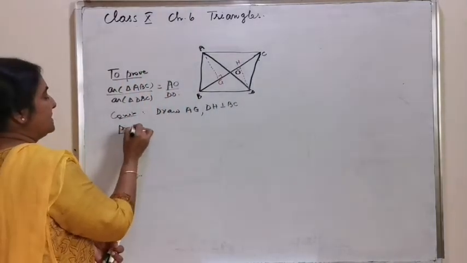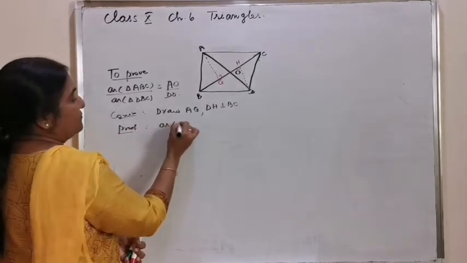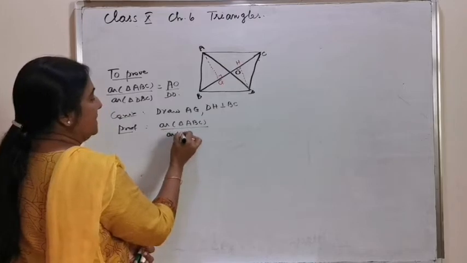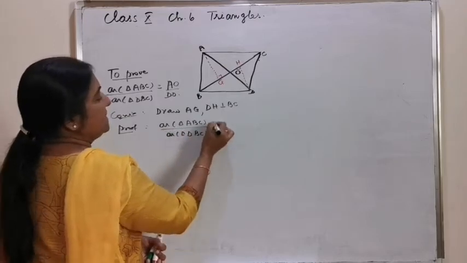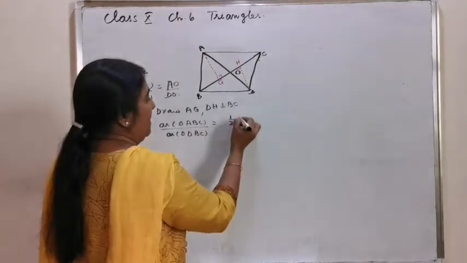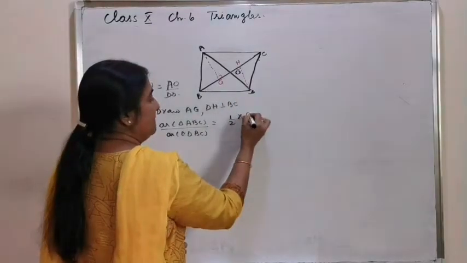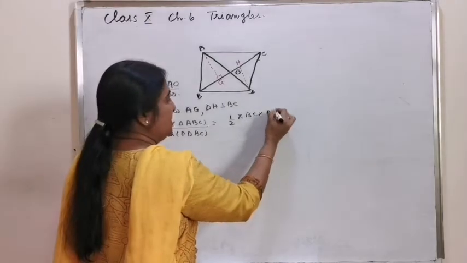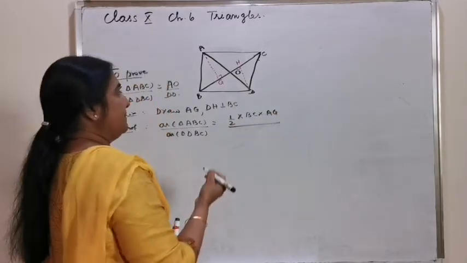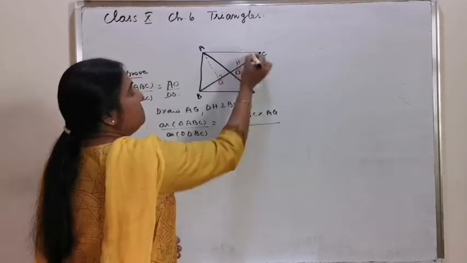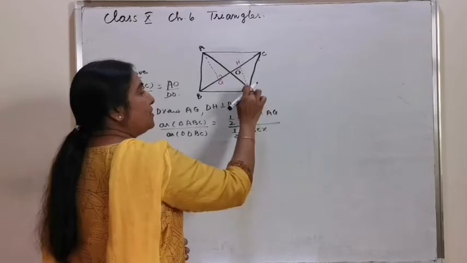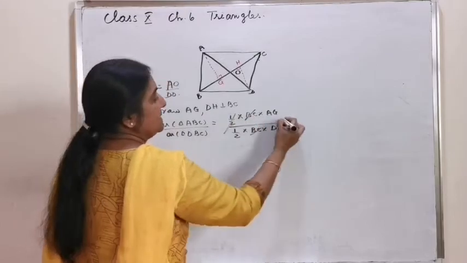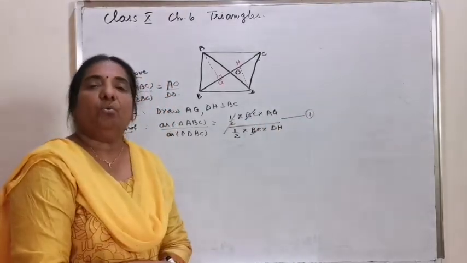Now directly you can apply area is equal to half base into altitude. The proof starts as area of triangle ABC divided by area of triangle DBC is equal to half into base BC into altitude AG divided by half into base BC into altitude DH, and you cancel; put it as equation number 1.